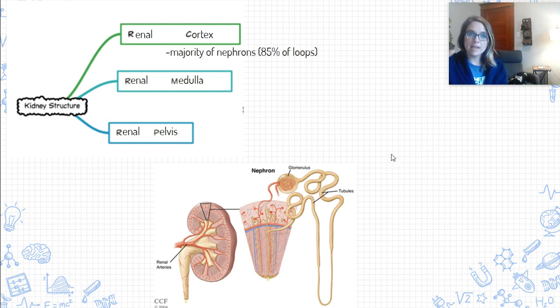Because the big chunky twisty part up top is the majority of the nephron, about 85% of our nephron structure is found in the cortex. And then that loop dips down into the renal medulla, and about 15% of the loops end up being dropped down into the medulla. So the cortex actually has the majority of our nephron structure in it.